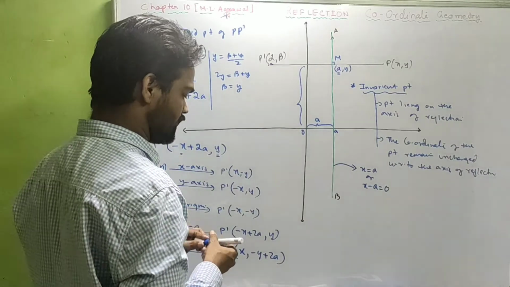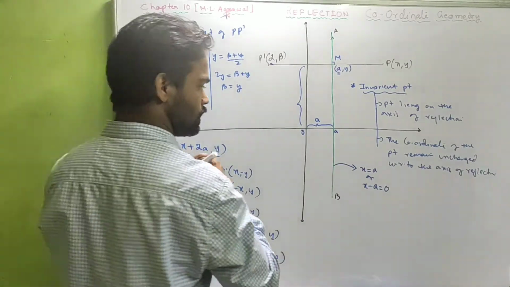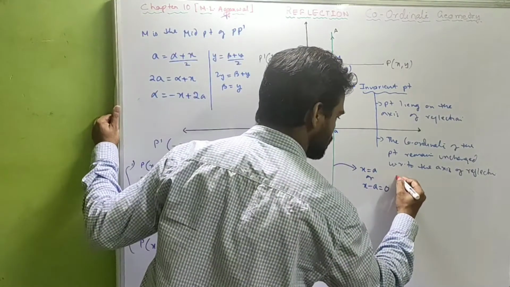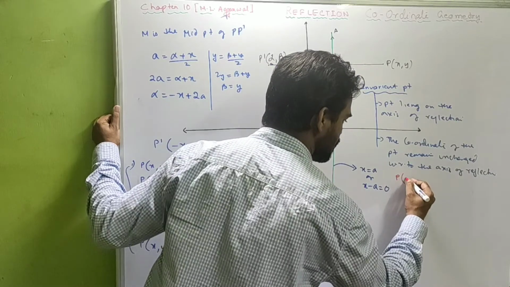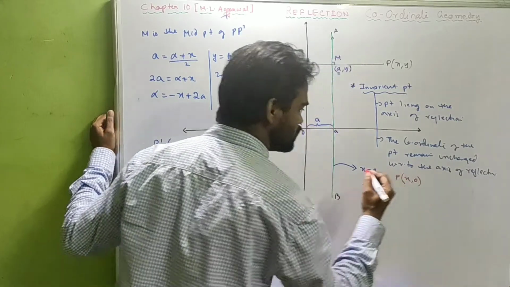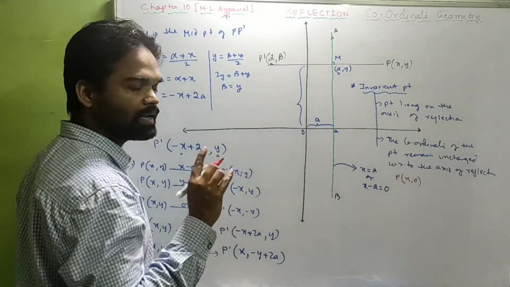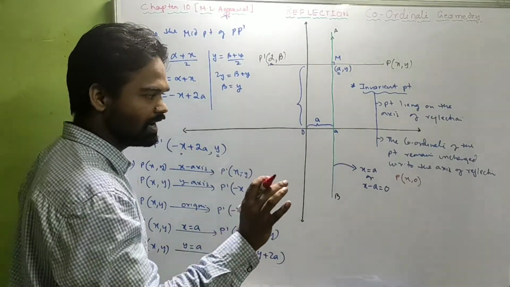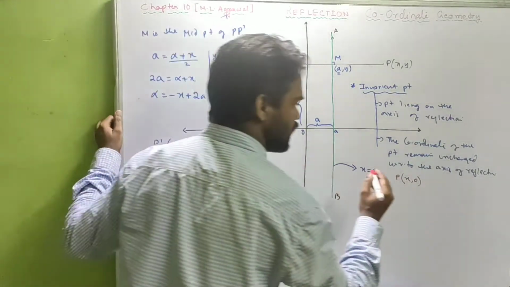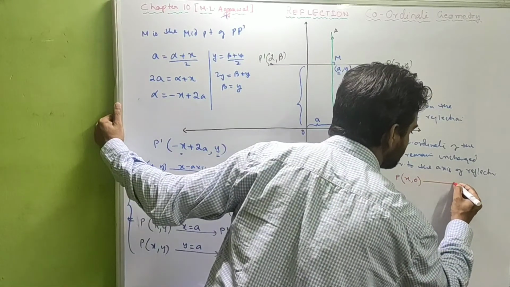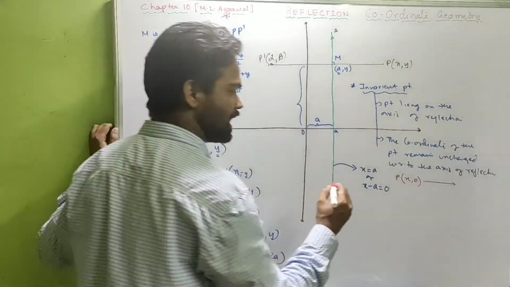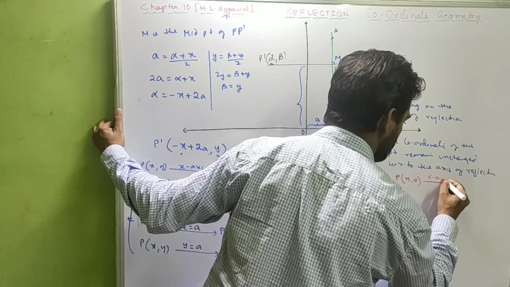Suppose I take a point P(x, 0). This point lies on the x-axis, and if we reflect it in the x-axis, what happens?